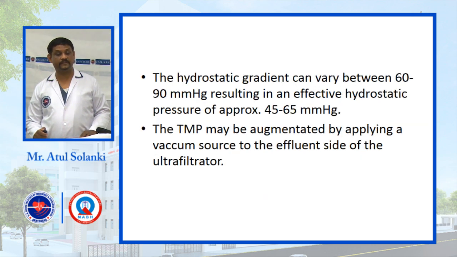The hydrostatic gradients can vary between 60 to 90 mmHg, resulting in an effective hydrostatic pressure of approximately 45 to 65 mmHg. The transmembrane pressure may be augmented by applying a vacuum source to the effluent side of the ultrafilter.